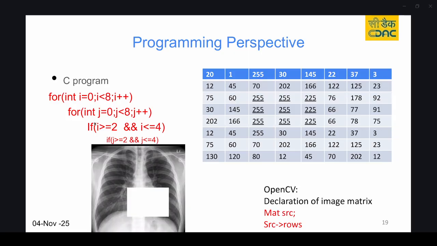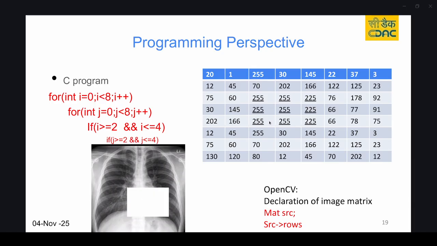Programmatically, for this 8 cross 8 matrix, i varies from 0 to 8 and j varies from 0 to 8. And if j is greater than 2 and i is less than or equal to 4, so the index is 0, 1, 2, 3, 4 for this matrix. So if i is greater than 2 and i is less than 4, and j is greater than 2 and j is less than 4, which means this set of boxes in the matrix, if I make it 255, then this region will become white because 255 represents white pixels.